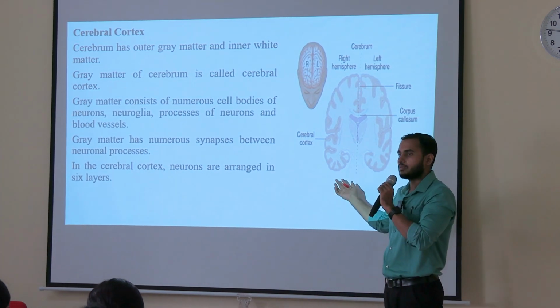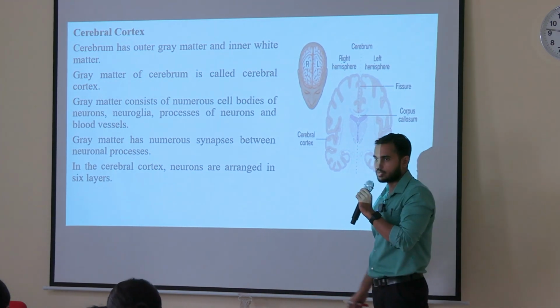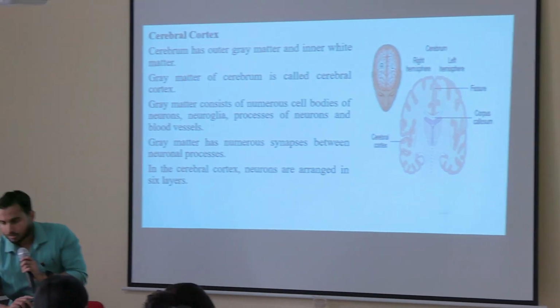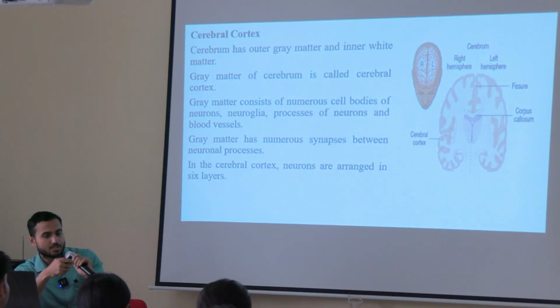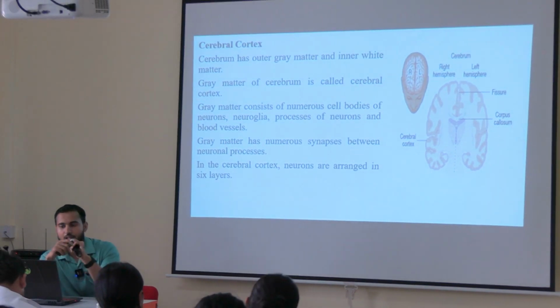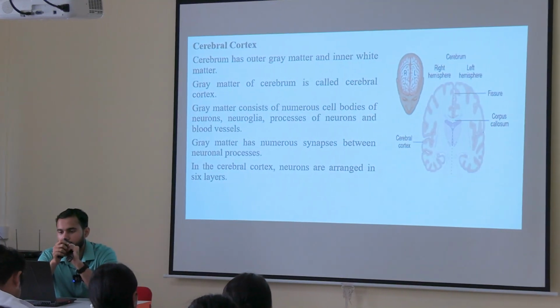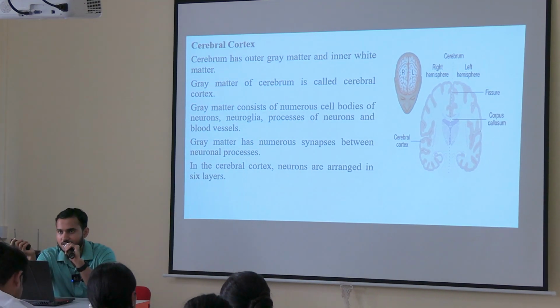The same thing you can see in case of cerebellum also, but the arrangement is different. So, the cerebrum has an outer mass of gray matter and an inner core of white matter. Gray matter of the cerebrum is called the cerebral cortex.